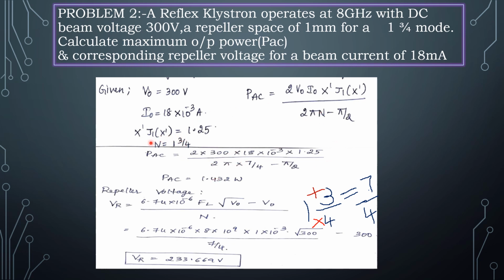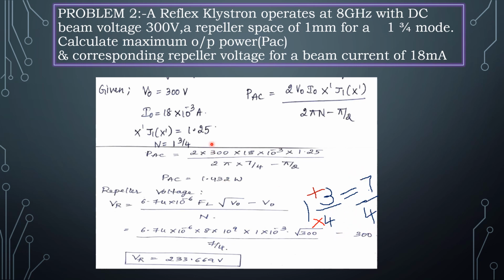As we know the given mode is a mixed fraction, we can solve by using the mixed fraction rule, where the denominator is first multiplied with the whole number one, and the resulting 4 is added to the numerator, which is 3. So 4 plus 3 is 7, and the denominator is written as it is.